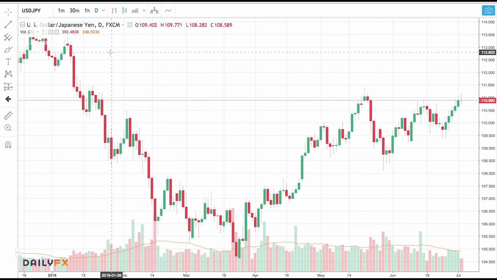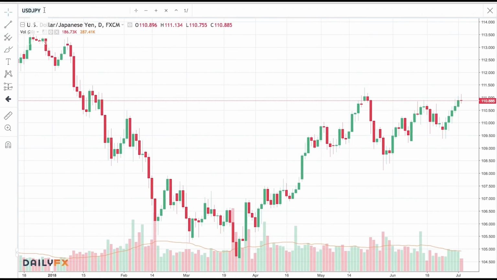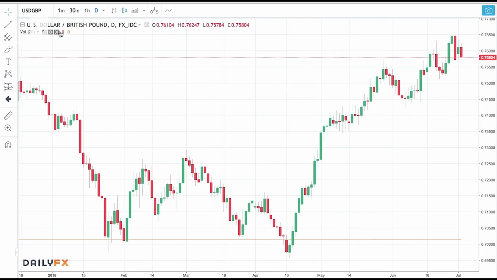Let's see another currency pair which is also very liquid, the USD GBP. And GBP stands for Great British Pound. So here you'll see in 2018, you would have to pay 0.73 of a British pound to get $1. The British pound actually became stronger. It's a little opposite in Forex markets.